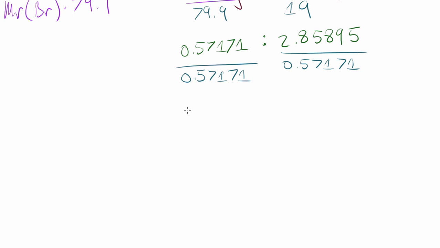If you did that, for bromine you wouldn't need a calculator, that would get you a 1, and on this side, this gets you 5.00070. Now, what do we notice here?